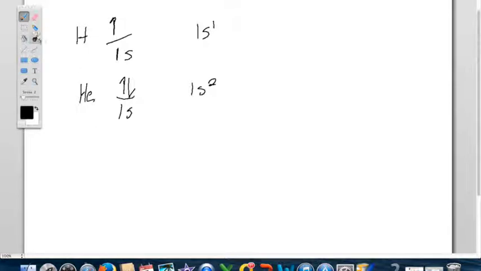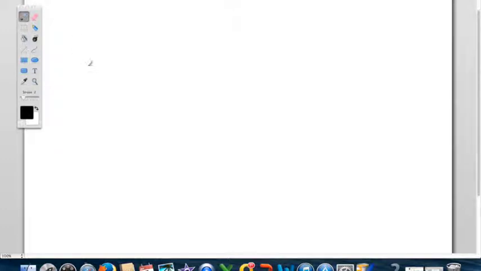So let's try a different atom. Let's go with a slightly larger one, lithium. Lithium has 3 electrons. The first one's going into the 1s, and the second one will also go in the 1s with an opposite spin. The third one will have to go into a new shell.